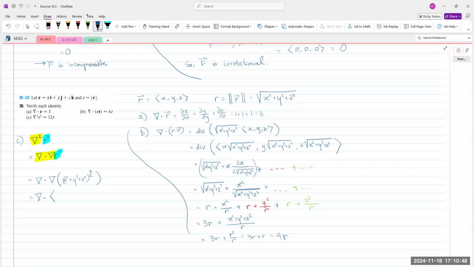then it becomes a vector field, right? It will be 3/2 times x squared plus y squared plus z squared to the power of 1/2 times 2x for the x component. For the y component it will be the same with 2y, and then for the z component similarly.